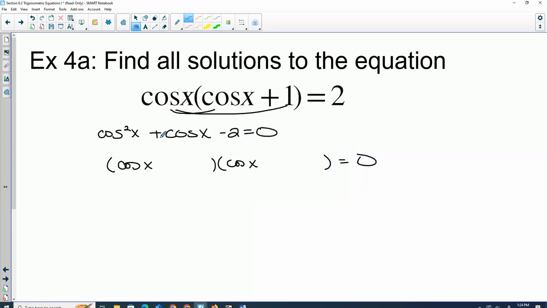What multiplies to -2 and adds to +1? 2 and -1. It's multiply to -2 and add to 1. So then, we can set each of those equal to 0.